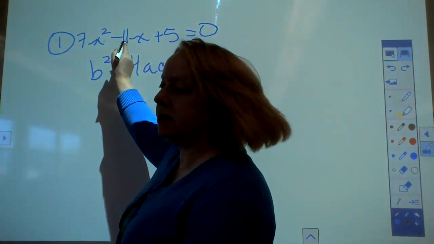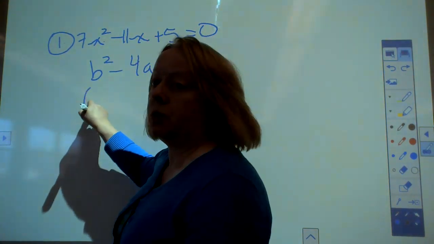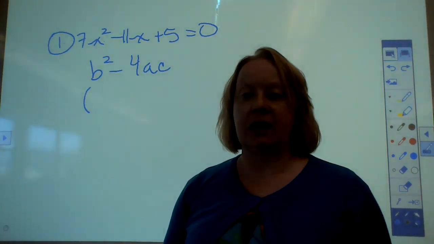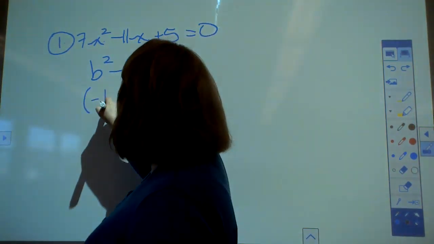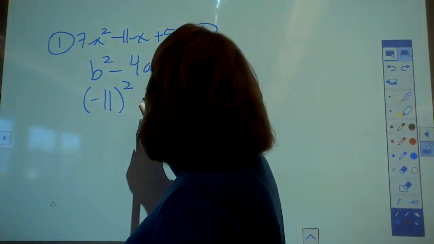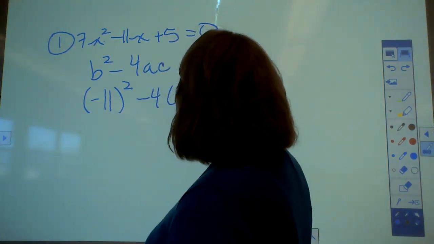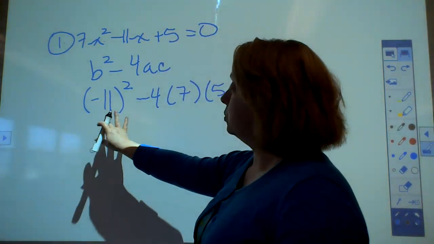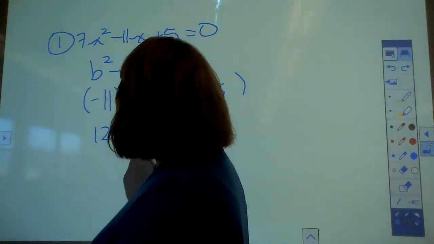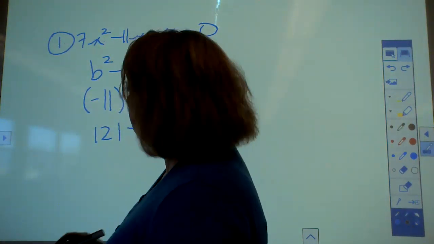So b is negative 11. Whenever we have a negative number and it's squared, we have to add parentheses. So it's (negative 11) squared minus 4 times 7 times 5. We're going to work this out. We get 121 minus 140, and we get a negative 19.